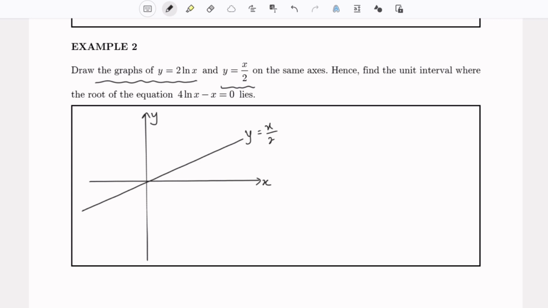And then y = 2 ln x, which should cut the x-axis at 1. So that's your graph of y = 2 ln x. The point where the two graphs intersect is where you get the root.